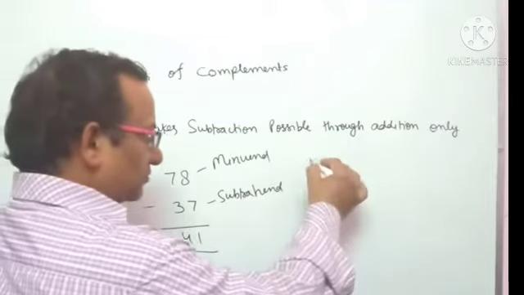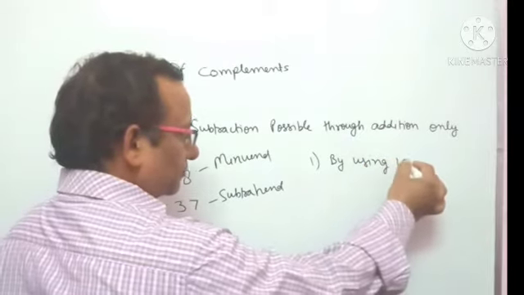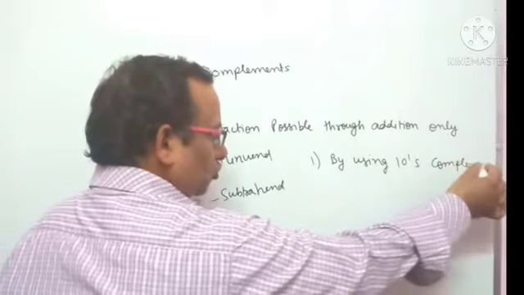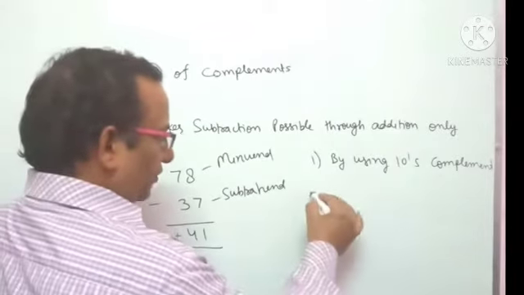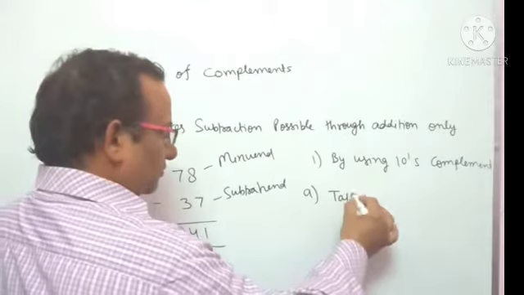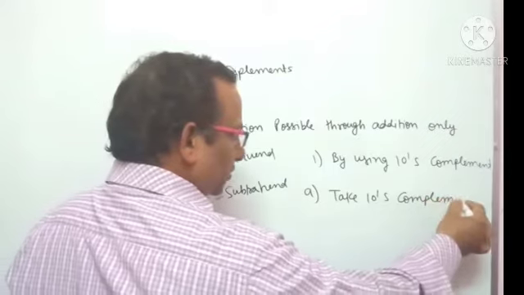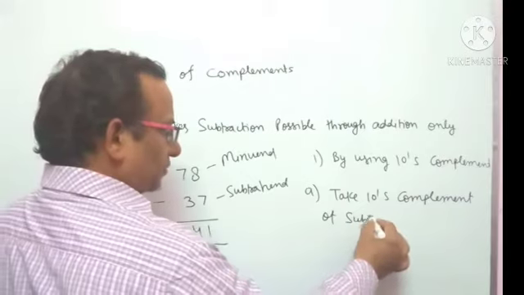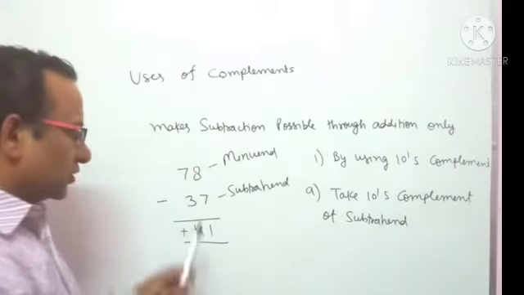So, one is by using tens complement. The procedure is, first step, take the tens complement of the subtrahend, the number which you want to subtract, which is 37 here.